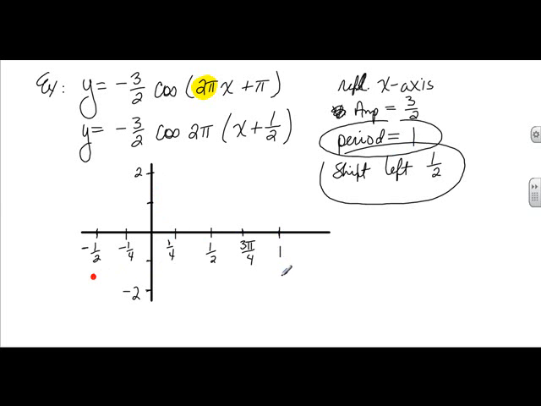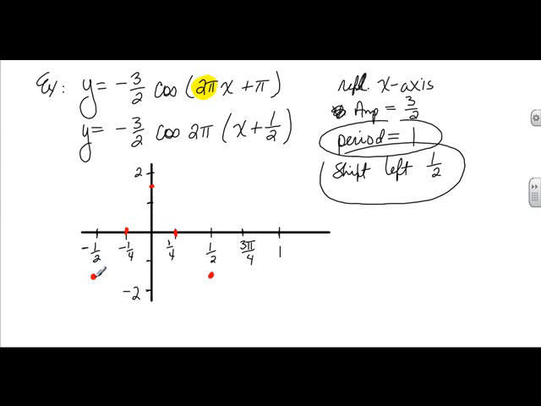But because of the shift, that end of that first complete period is at 1/2. Then exactly halfway between the two minimums, we have to have a maximum, which is going to end up being on the y-axis this time. Exactly halfway between a minimum and a maximum, it's got to cross the x-axis. So we can put those 2 points on there.